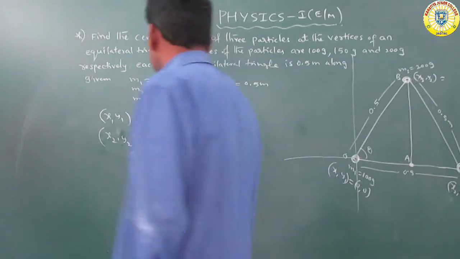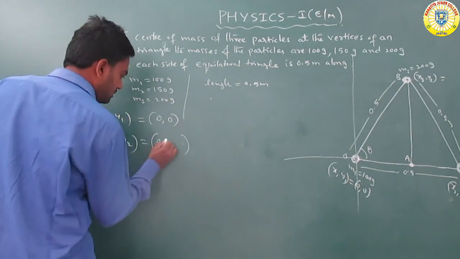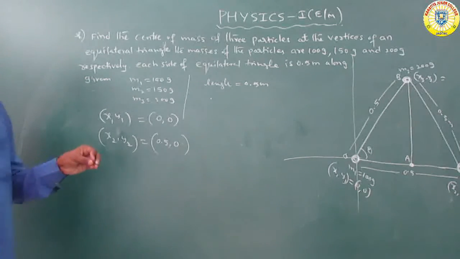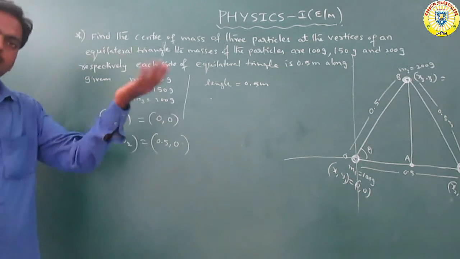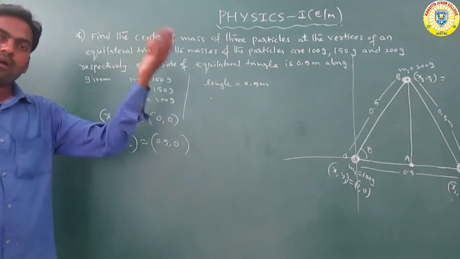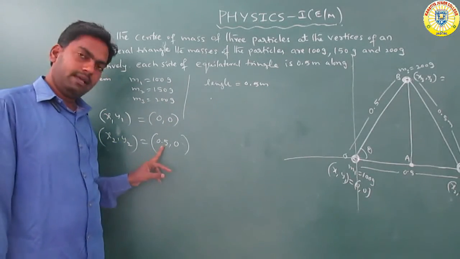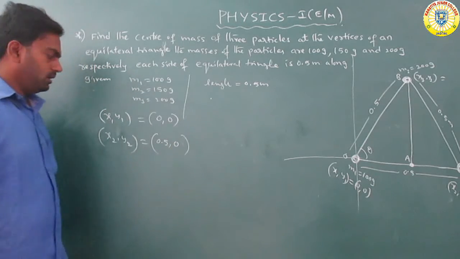So that is 0.5, 0. That means the particle is lying on the x-axis with y equal to 0.